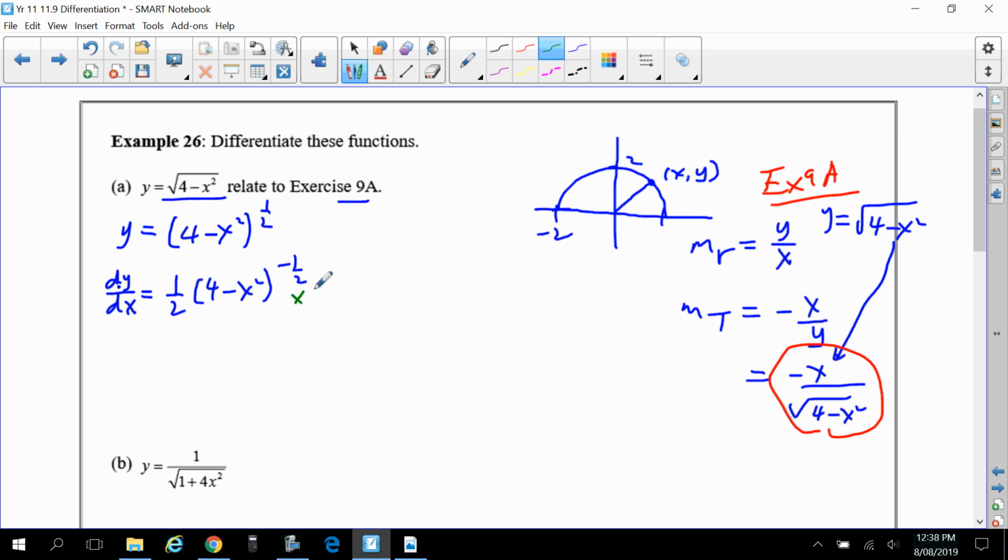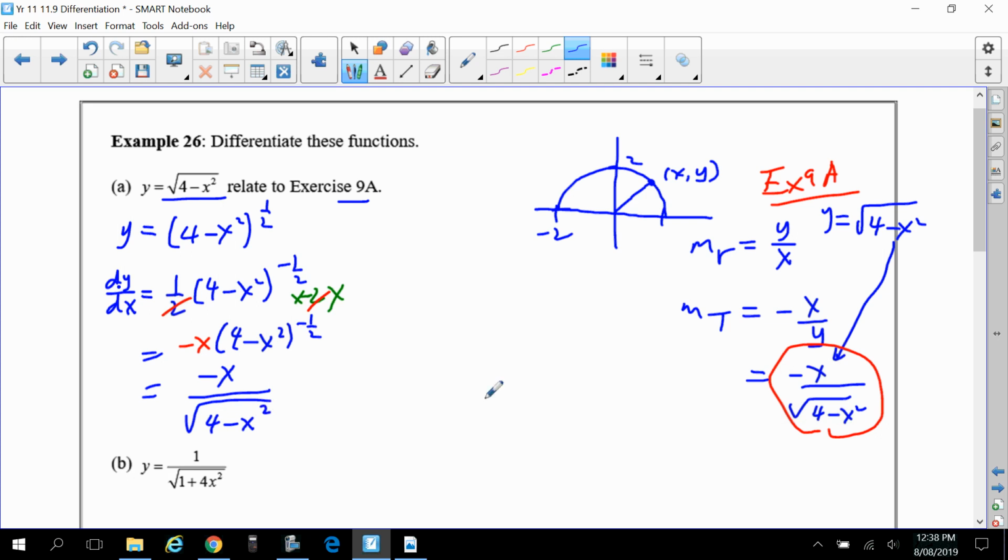Differentiate what's inside, negative. So the 2 and negative get cancelled. So you get negative x over 4 minus x squared, and the negative half means square root at the bottom. I skipped some steps. I'm sure you understand me.